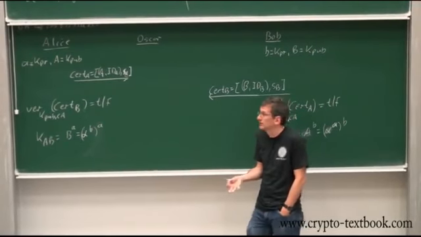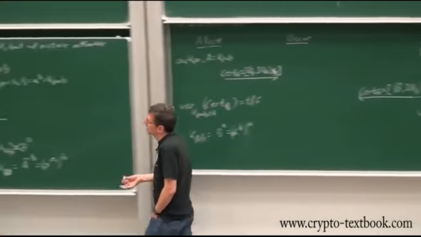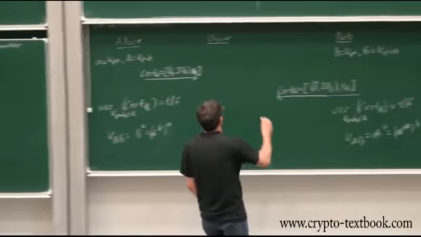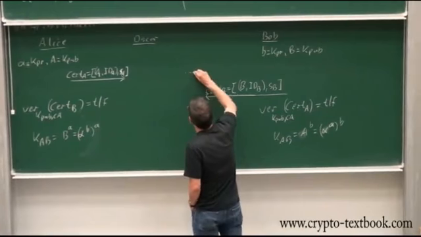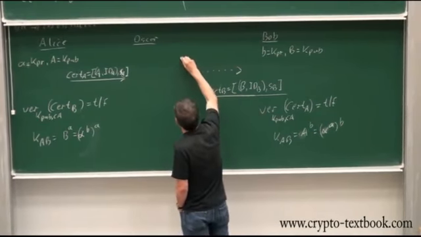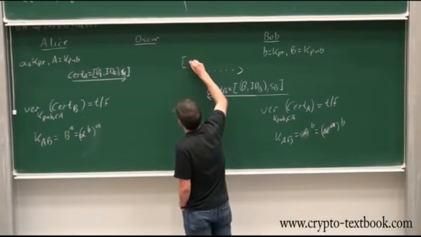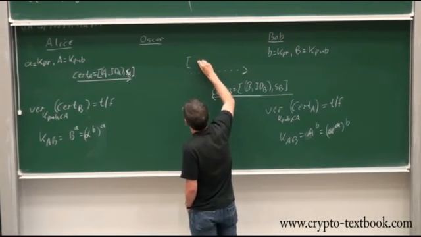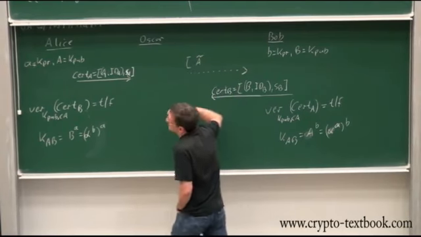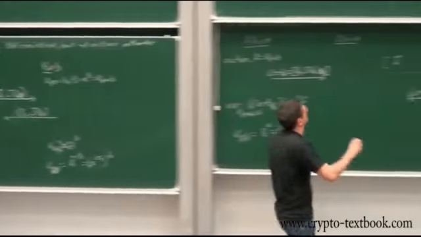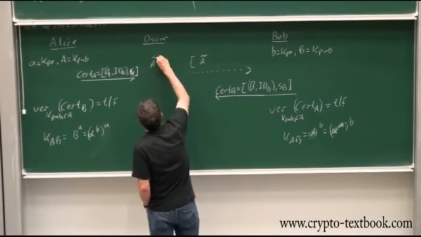And we haven't really talked about it. What about Oscar? Oscar probably wants to do the same trick again. That means Oscar would like to forward a faked public key, A tilde.